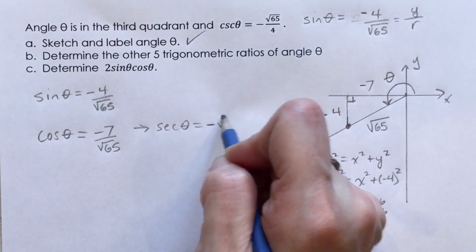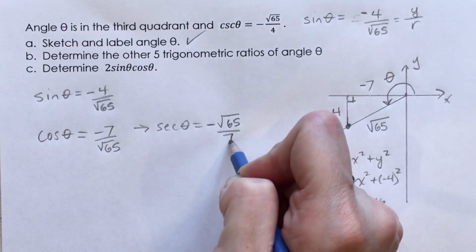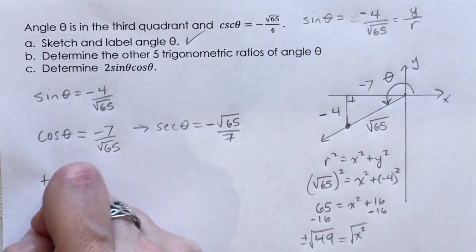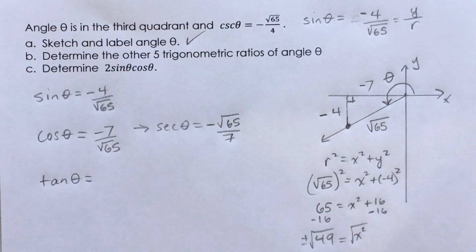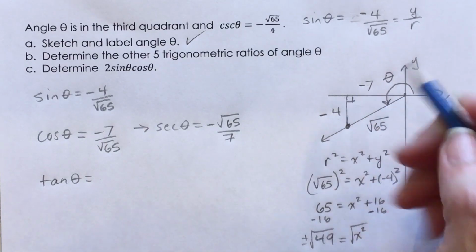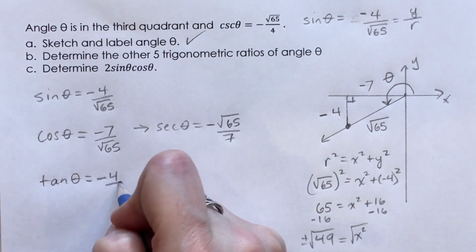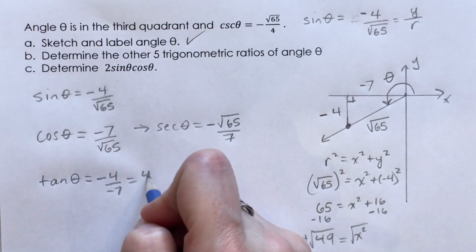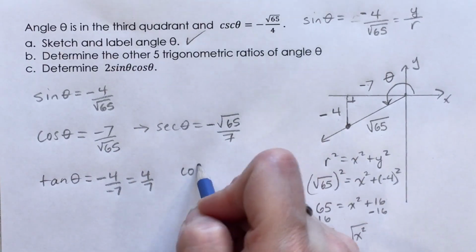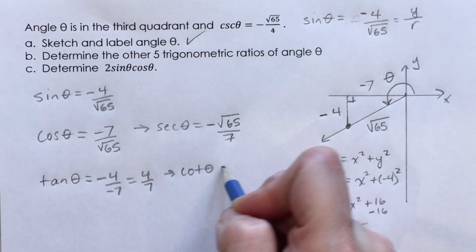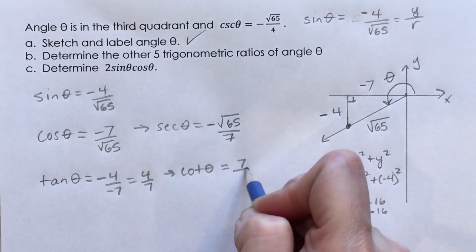I'm just going to leave the negative on top. The tangent of angle theta is the y value divided by the x value, but that reduces to positive 4/7, which means the cotangent of angle theta is going to be 7/4.